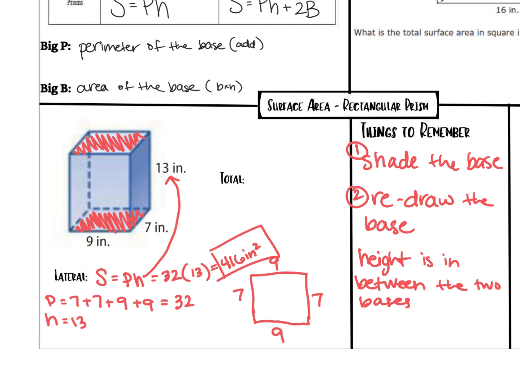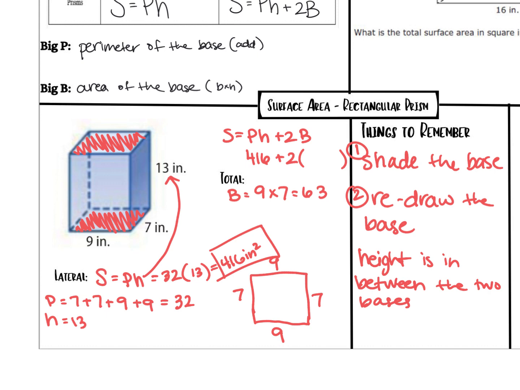And then total surface area, we'll write down that formula, S equals PH plus 2B. Now we already know our PH. Our PH was 416. So I'm going to go ahead and write that in, and then we'll get to this part later. So we know big B is the area of the base, which is base times height. So that's going to be 9 times 7, which is 63.